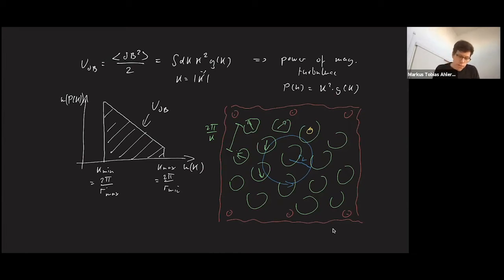If on the other hand I have a very large Larmor radius, indicated like this, I will average over many different field configurations, and this contribution will effectively average out. So the bottom line is that a cosmic ray with a certain gyro radius, performing a gyro motion along the magnetic field line, will most strongly interact with those Fourier modes where the Larmor radius corresponds to 2 pi divided by k.